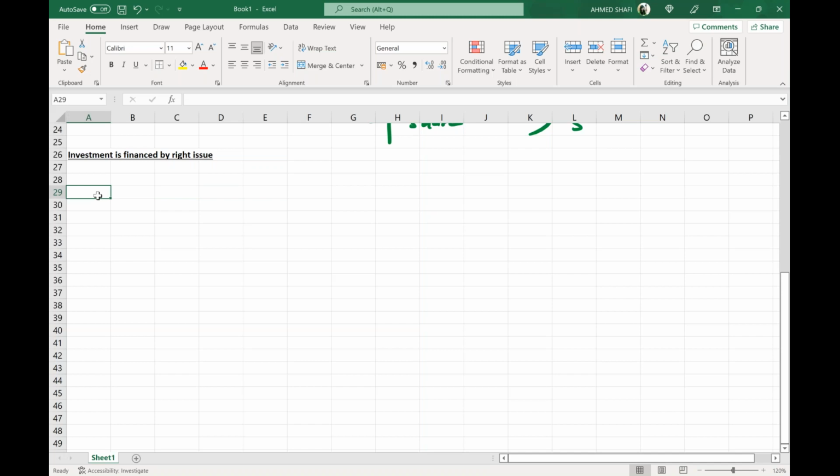You are required to calculate forecast EPS for the coming year and resulting share price.